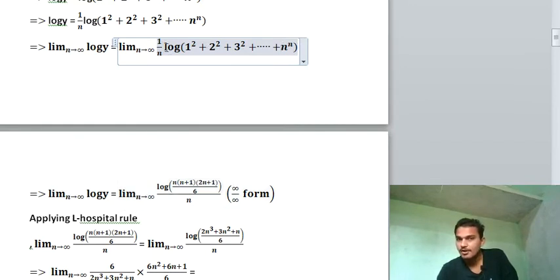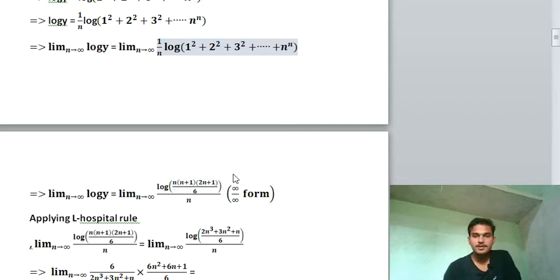So it became log of n into n plus 1 into 2n plus 1, whole divided by 6, and this 1 by n is placed here, whole divided by n. So when we are finding the limit of this, n is infinity, so n into n plus 1 is infinity, so the numerator, log infinity, is equal to infinity.